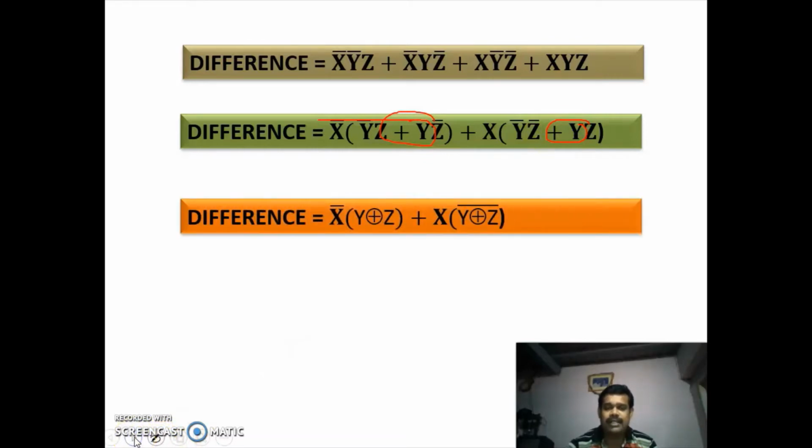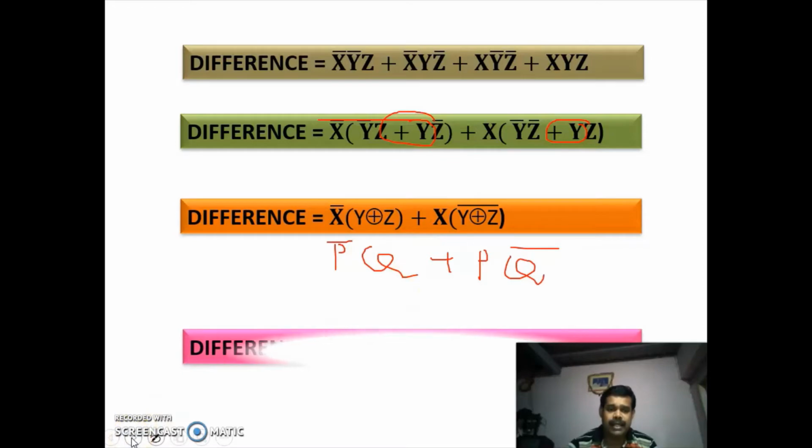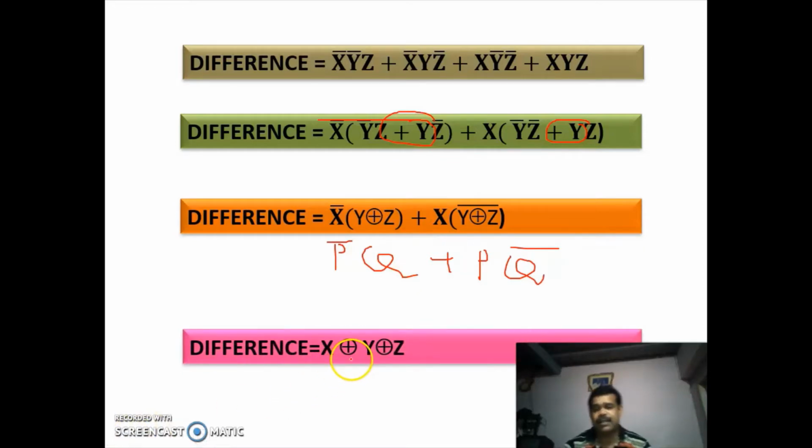So we write it as XOR and XNOR. This is again in the form of XOR, that is p bar q plus p q bar. Take p as x and q as y XOR z. So we can write: difference is equal to x XOR y XOR z.